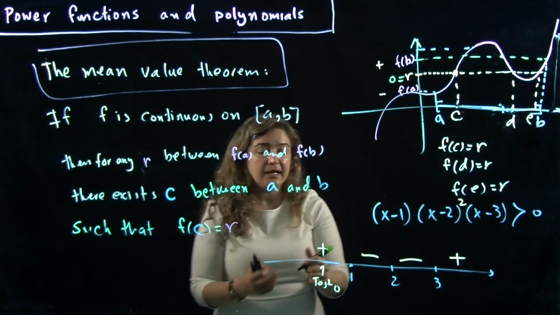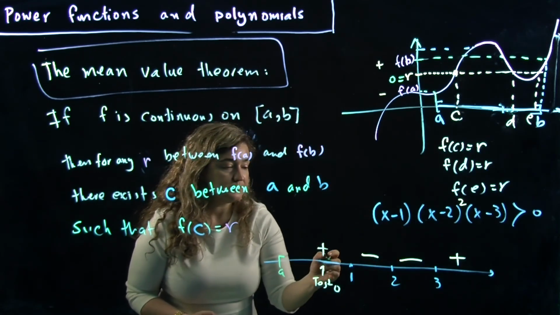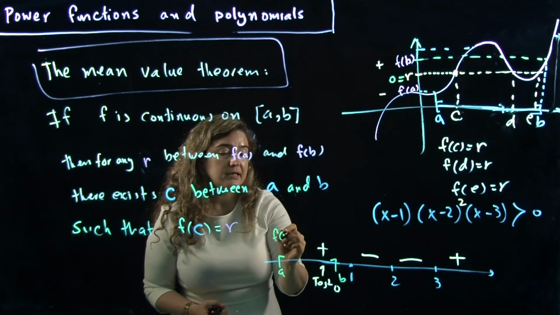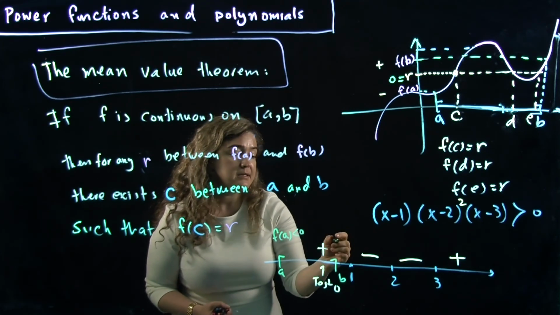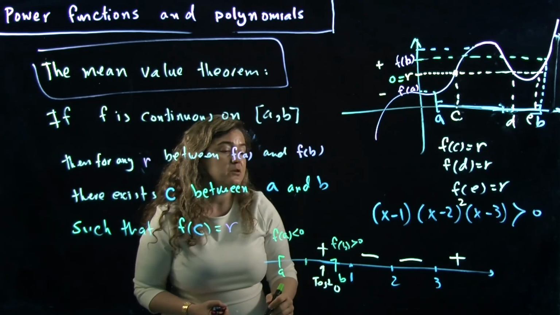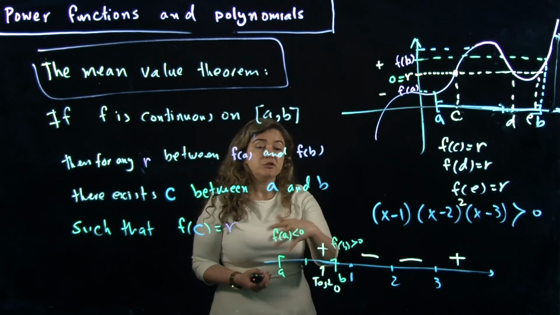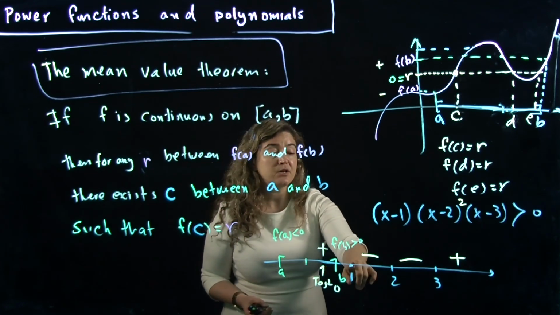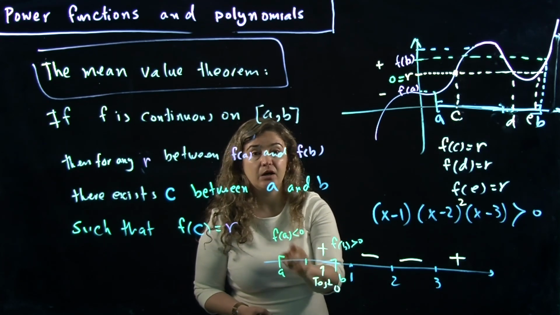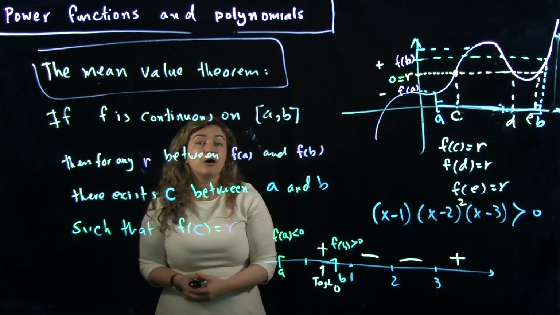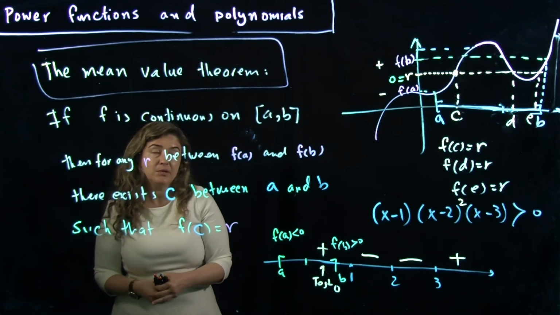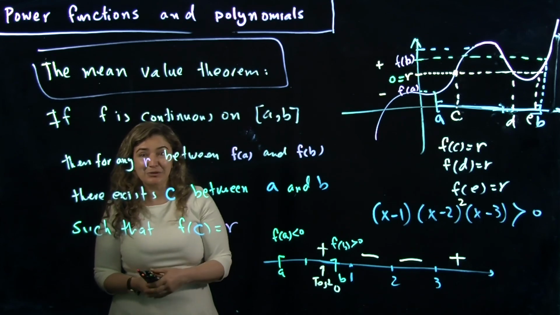So if I find a and b in this area such that f(a) is less than 0 and f(b) is bigger than 0, then I will have a 0 over here, which is a contradictory result. So anytime that I have an interval without 0, the signs cannot change. And that's how we use the mean value theorem. The major usage of the mean value theorem in pre-calculus is that one.